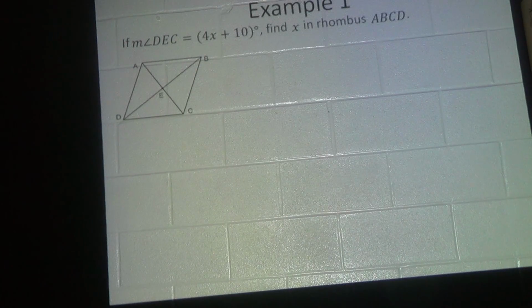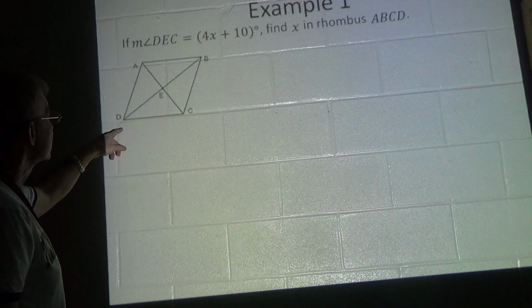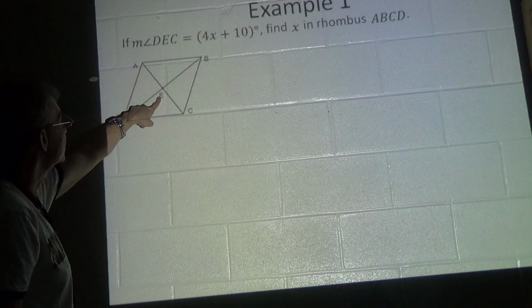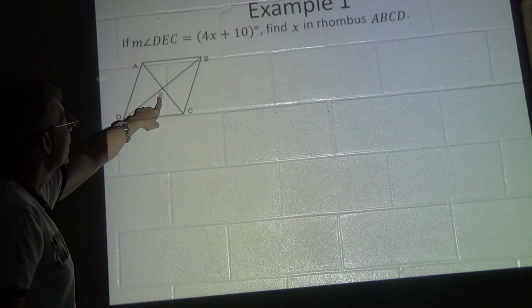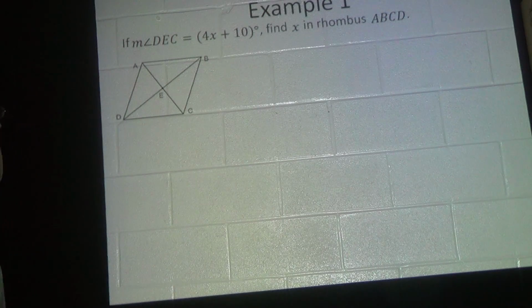Example 1 says that if the measure of angle DEC is equal to 4x plus 10 degrees, find x in rhombus ABCD. Let's locate angle DEC. Angle DEC is right here. Since it is a rhombus, we know this angle has to be 90 degrees because the two diagonals are perpendicular to each other.